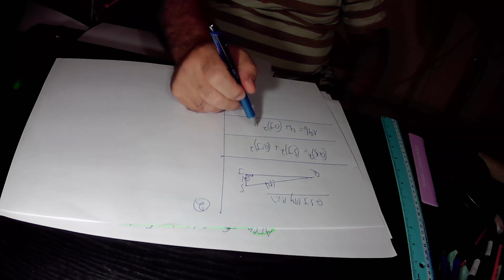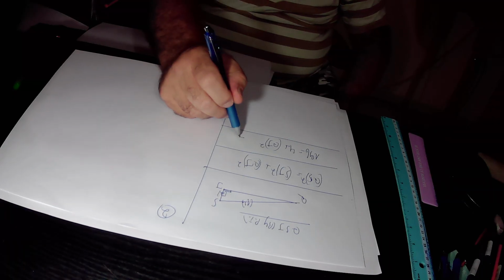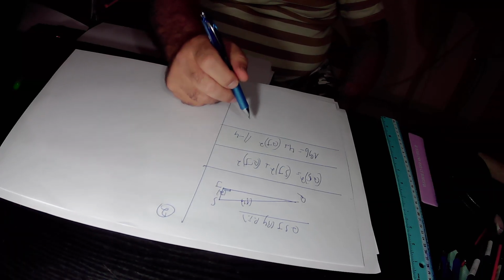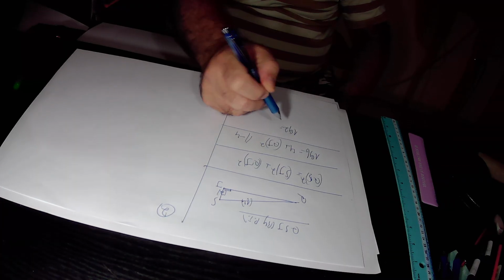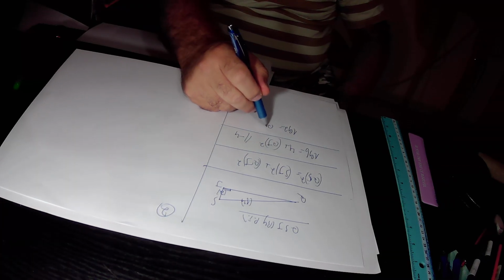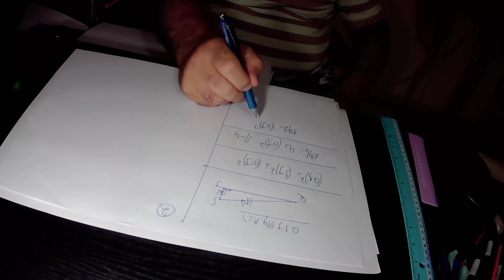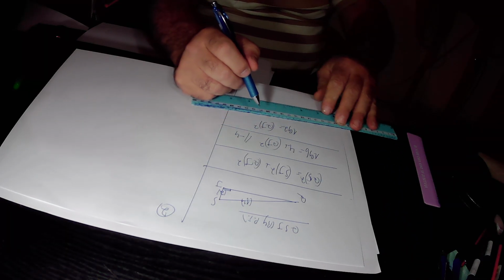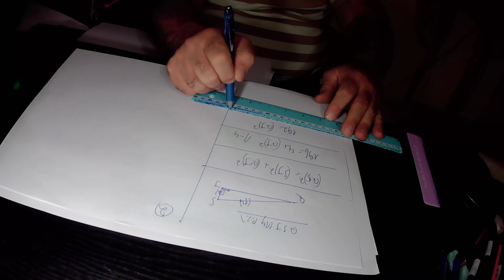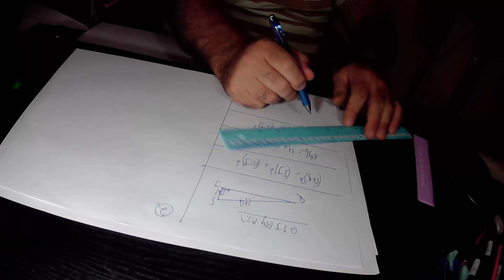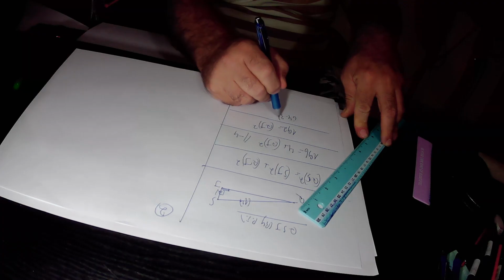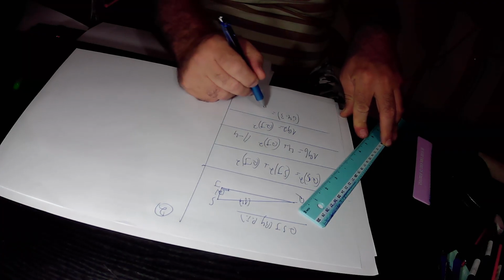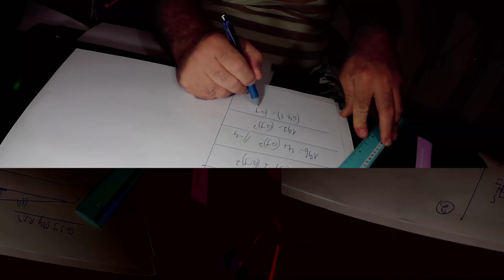Here we subtract 4 from this equation, and we get that 196 minus 4 is 192 equals QJ squared. We substitute 192 by 64 times 3, so 64 times 3 equals QJ squared.